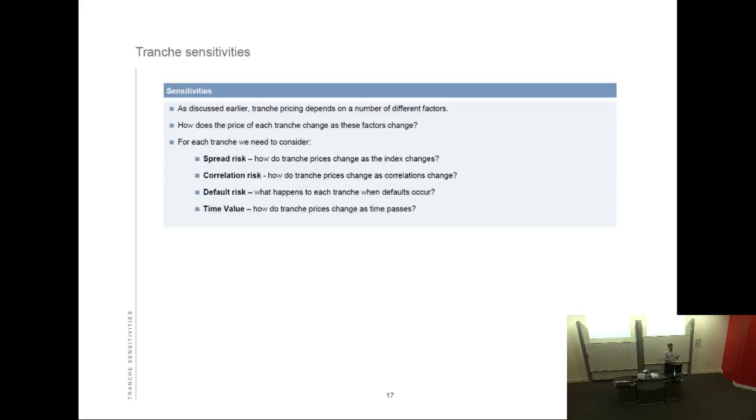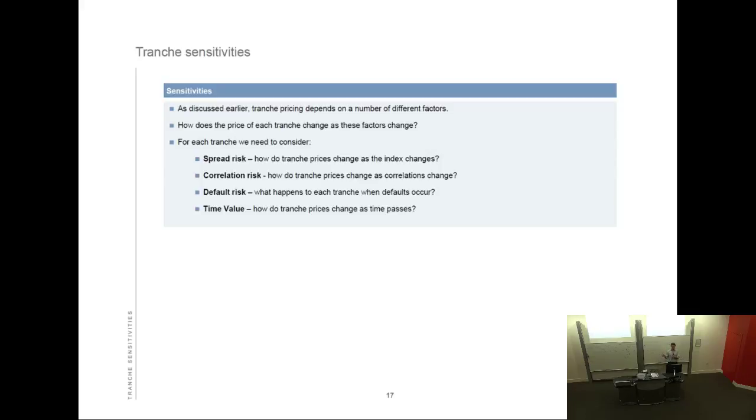Now, of course, correlation, we've just discussed, correlation will have an impact on your tranche. So if correlations go up or down, depending on what kind of tranche you're looking at, you'll have different exposures. And default risk, what happens when a name defaults, tranches can have very different exposures, right? And default risk now is not just a kind of a linear thing anymore.